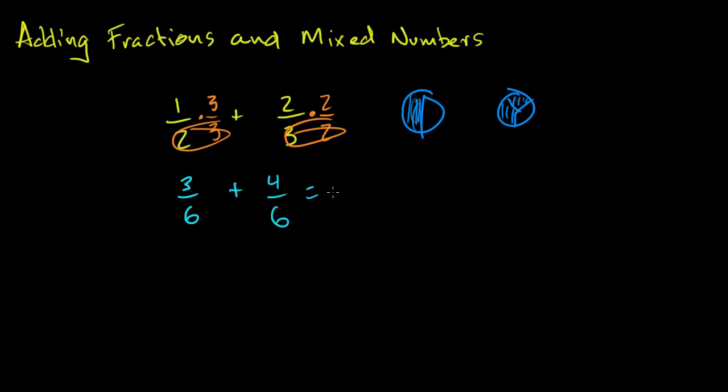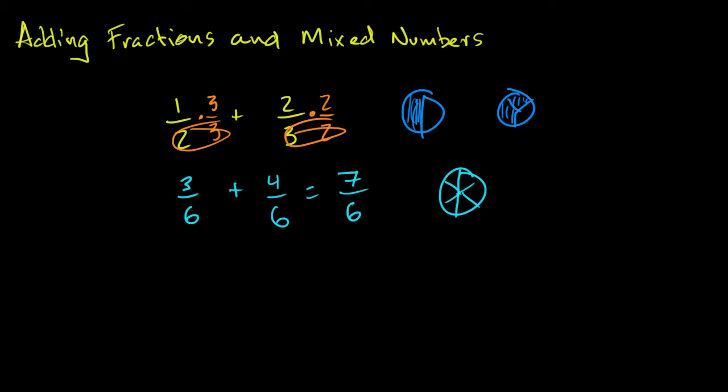Now when I add these fractions, because the denominators are the same, I can just add the numerators. And since 3 plus 4 is 7, I get 7/6. If you think of what the fraction means, the denominator always tells us how many pieces to split the whole number into.